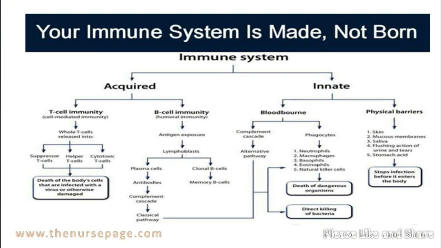Then innate immunity, that is non-specific immune response, is of two types: bloodborne and physical barrier. Bloodborne examples we have seen, and physical barrier examples are skin, mucous membrane and saliva. This is about the immune system.